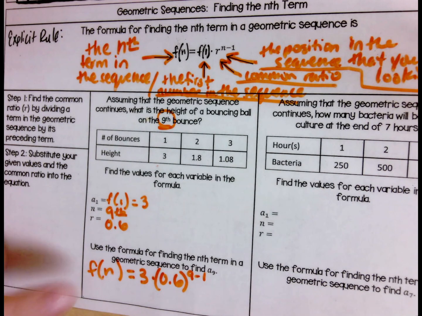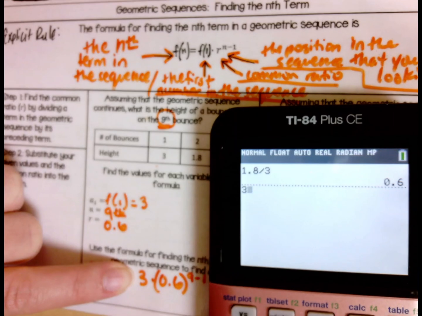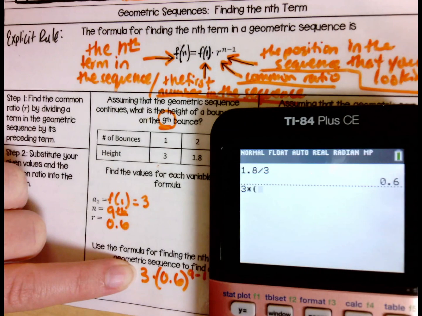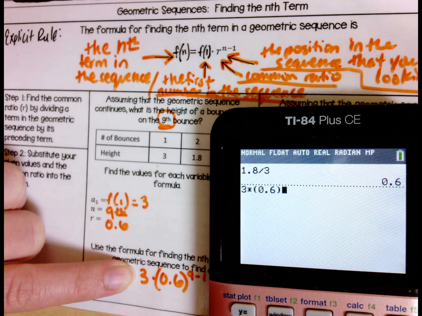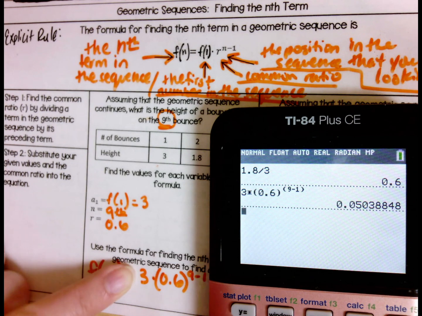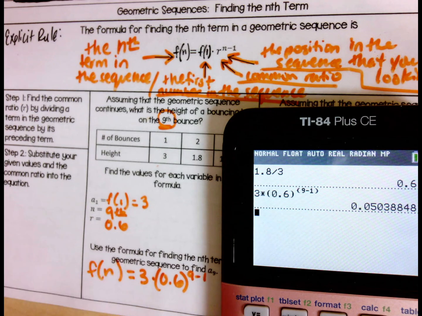Okay, and I can plug this directly into my calculator. And that's what I'm going to do. I'm going to take 3 and multiply it by 0.6, and I'm going to raise that 0.6 to the 9 minus 1. And then I'm going to press enter. And so my answer here comes out to be an approximate answer because it doesn't really stop.